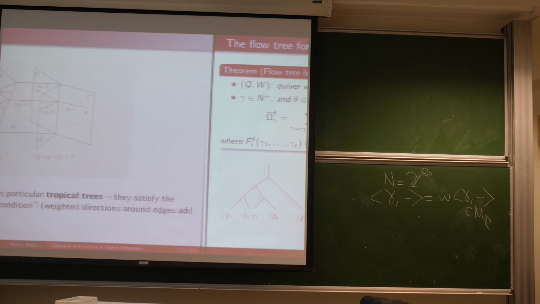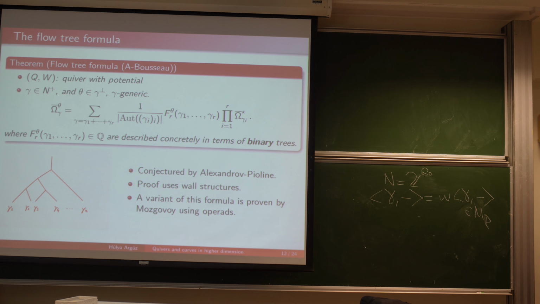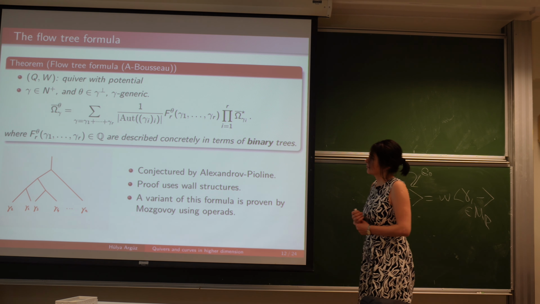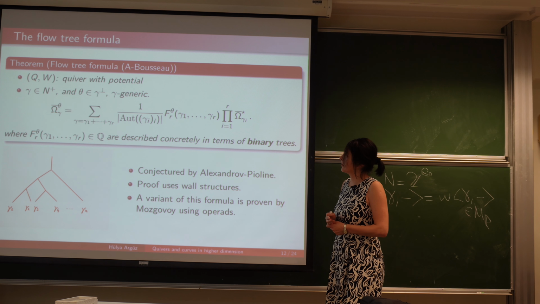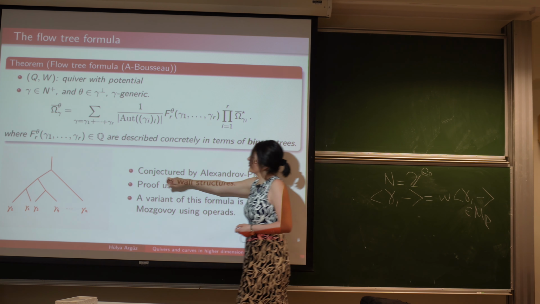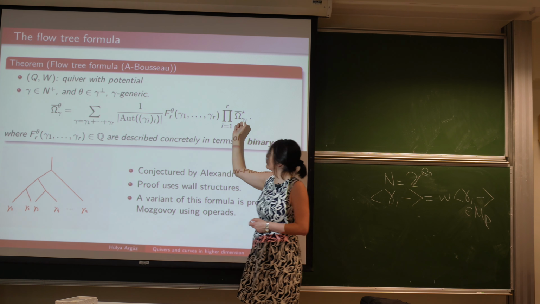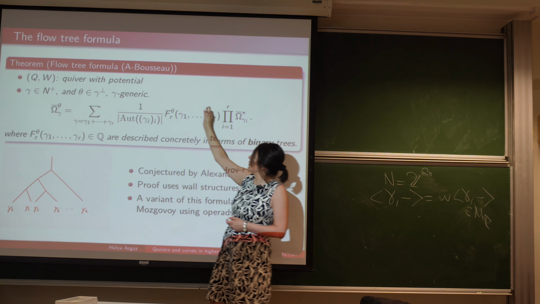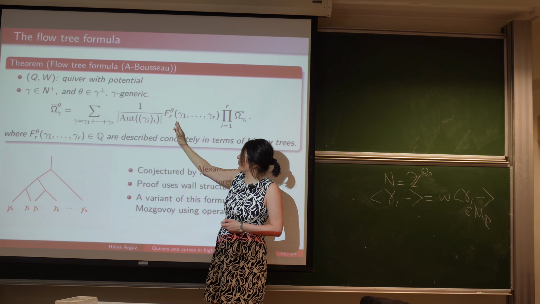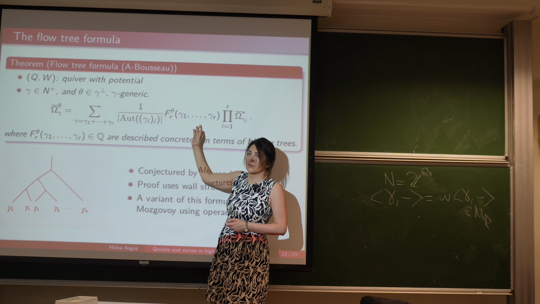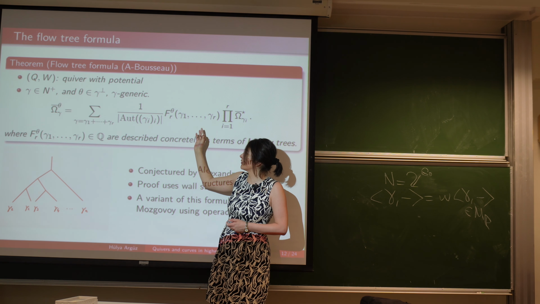And what we did is to prove a conjecture of Alexandre Pioline, which just says that you can actually write a sum of any DT invariant in terms of attractor DT invariants, where you can define your coefficients not over arbitrary attractor trees, but over nice trees which are just trivalent.